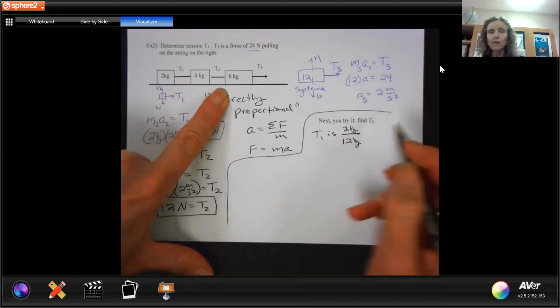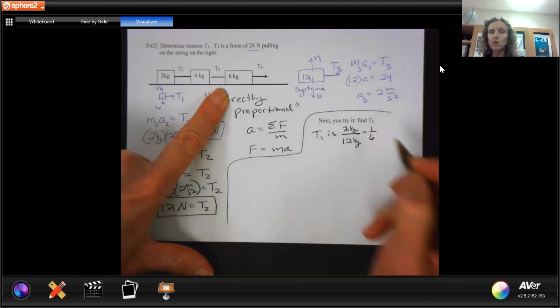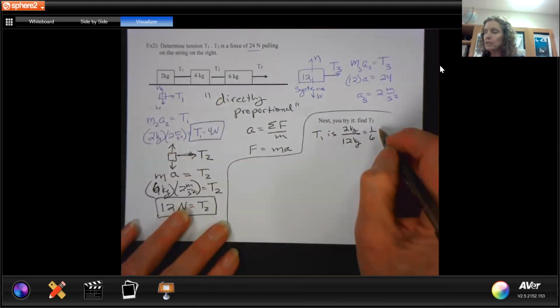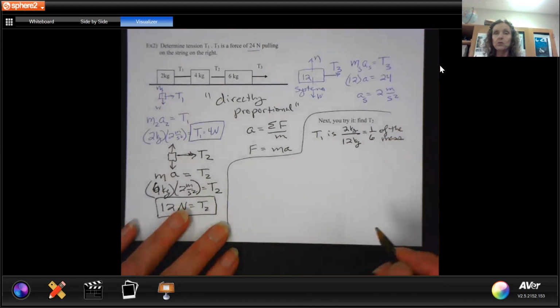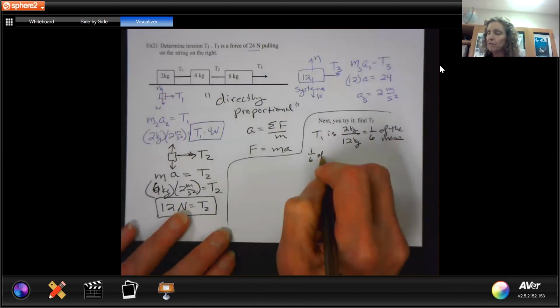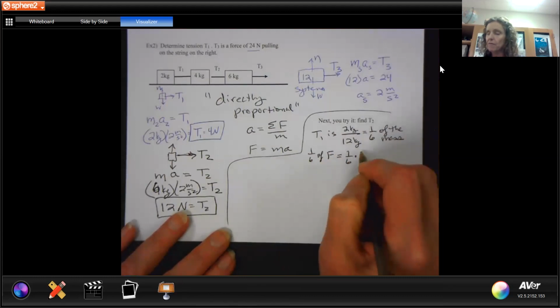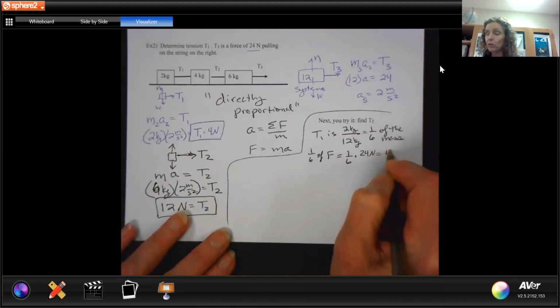It's 2/12 of the total mass. So in other words, it is 1/6 of the total mass. If it's 1/6 of the mass, it's going to take 1/6 of the force to accelerate it. Okay, so 1/6 of force, 1/6 of means multiply, 24 newtons. This is a whole other way to get it.